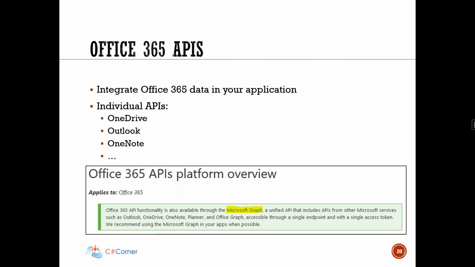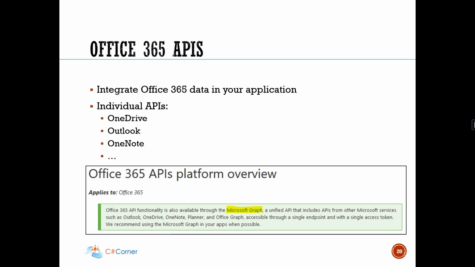But before that, there are something like Office 365 APIs, which were already there before Graph API came into the picture a few years ago. Microsoft had all the data in your Office applications like Word, Excel, PowerPoint, OneDrive, OneNote, Yammer and all other applications.